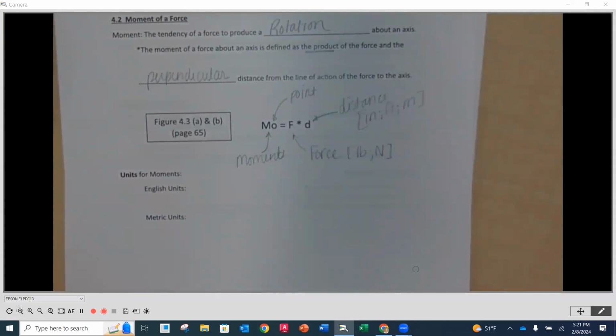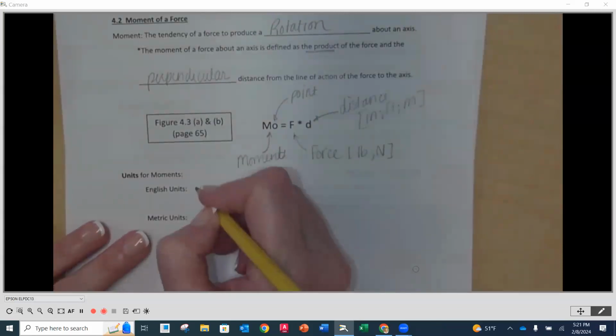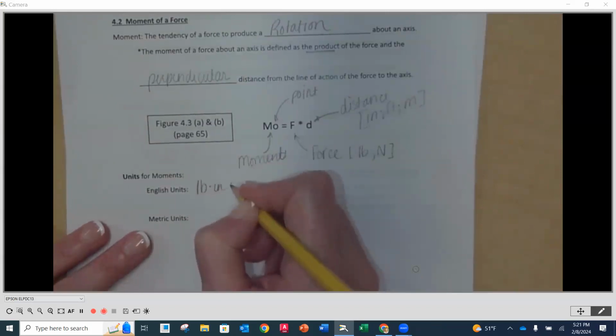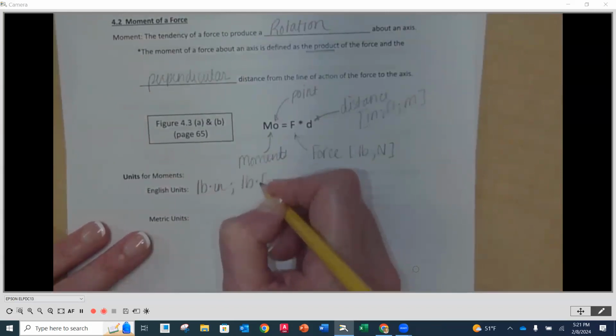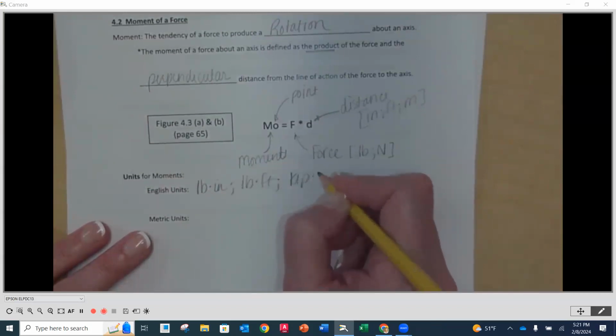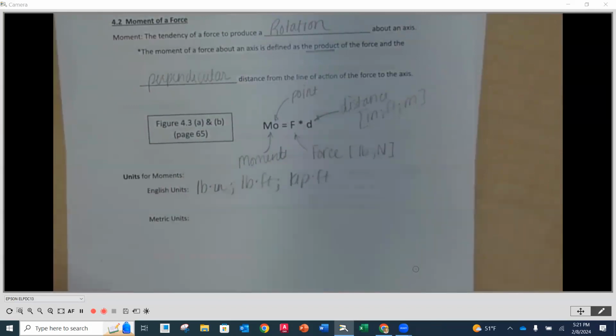I'm not saying pounds per foot, because the equation is force times distance, right? So units here are going to be pounds times inches, pounds times feet, kips times feet or inches, anything that is force times distance.